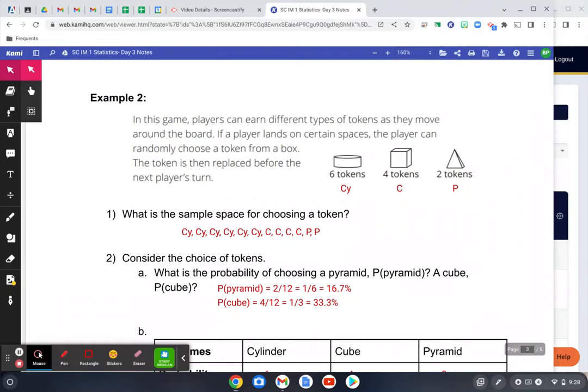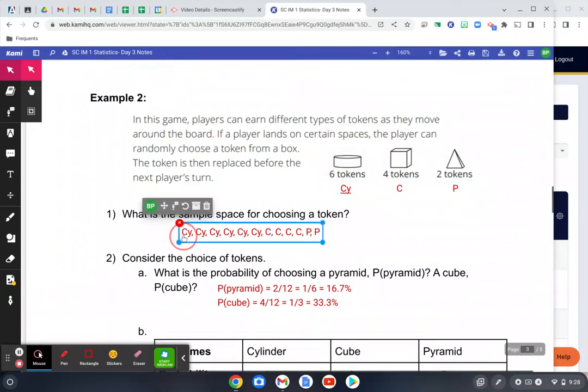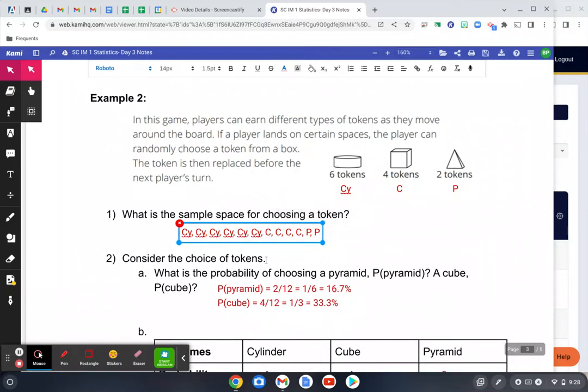All right, so example 2. Similar to the example above, but we have different tokens here. We have cylinder tokens, which I've designated as CY, cube tokens, which I've designated as C, and pyramid tokens, which are designated as P. So the sample space here, because we have 6 cylinder tokens, there are 6 cylinders here. We have 4 cube tokens, so I have 4 C's here, and 2 pyramid tokens, so there's 2 P's there.